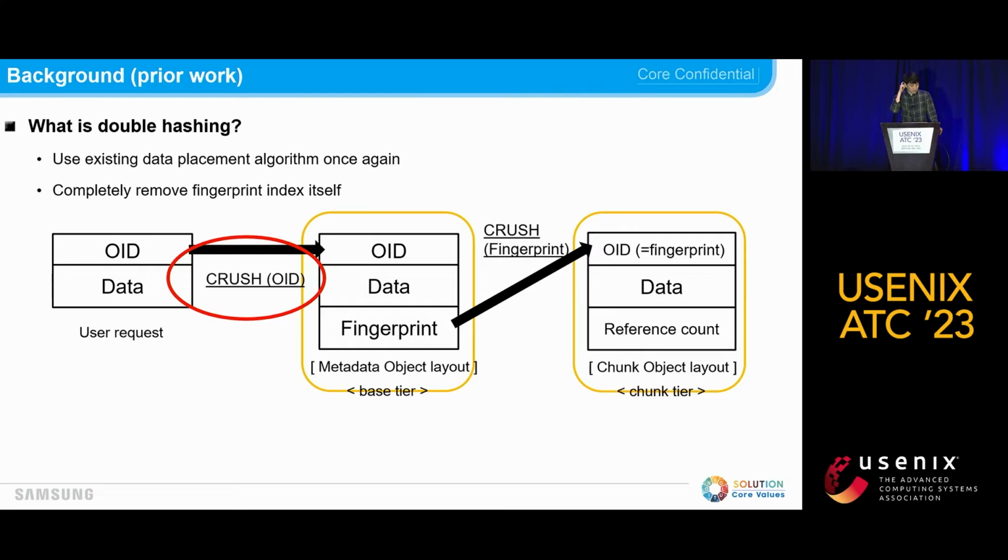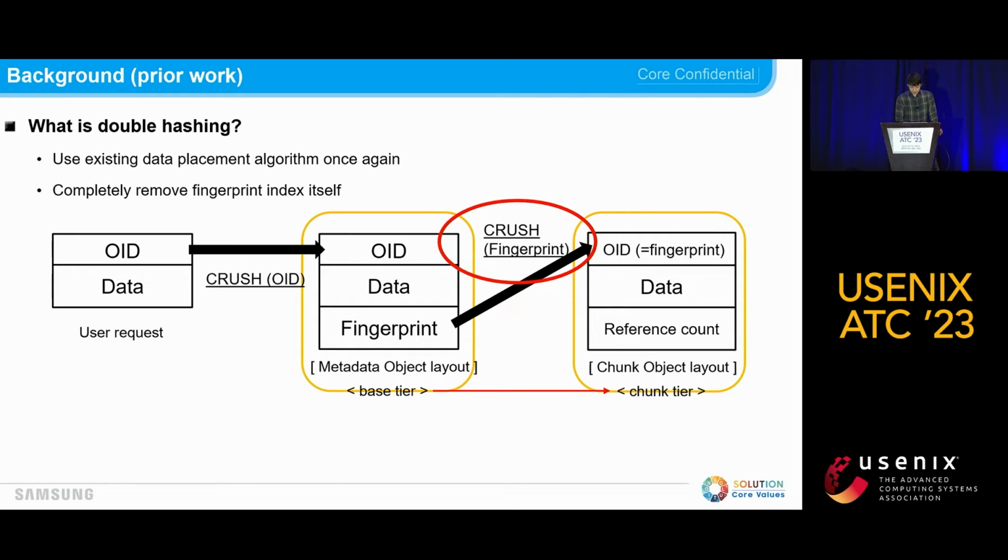Then the submitted request is bound for a specific server node using a hash algorithm called CRUSH. Then Ceph generates the fingerprint value from the data. Using the fingerprint as the OID, the data is relocated from the base tier to the chunk tier, as shown in this slide.